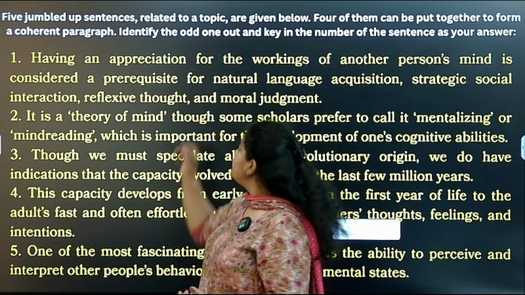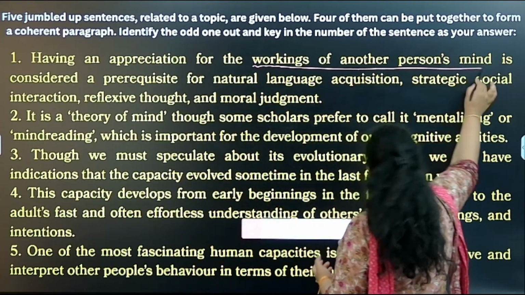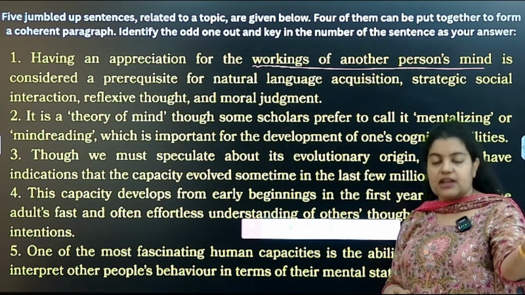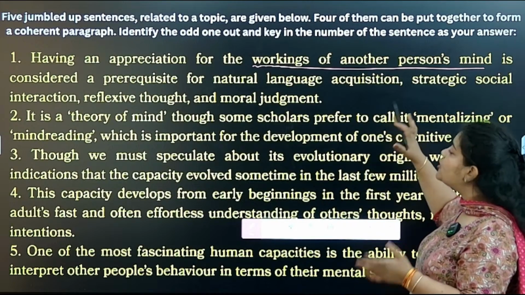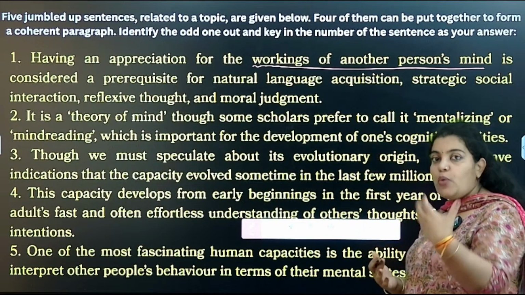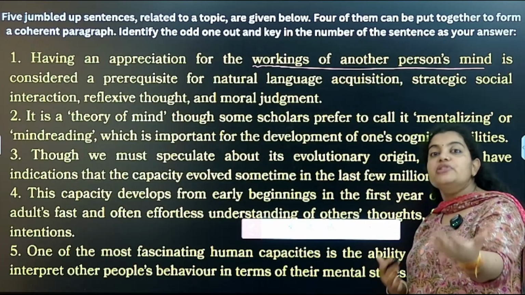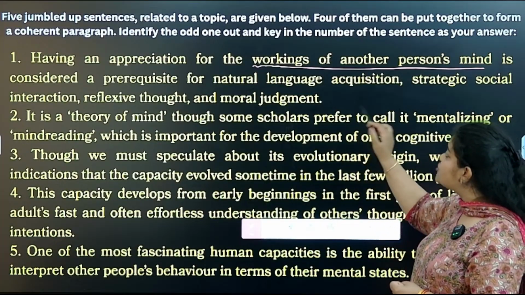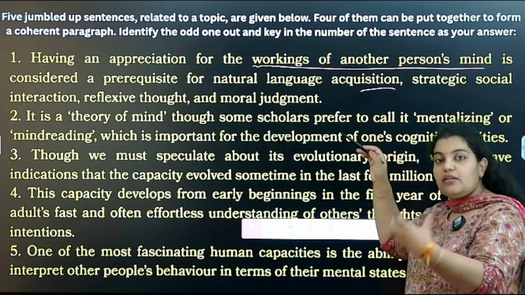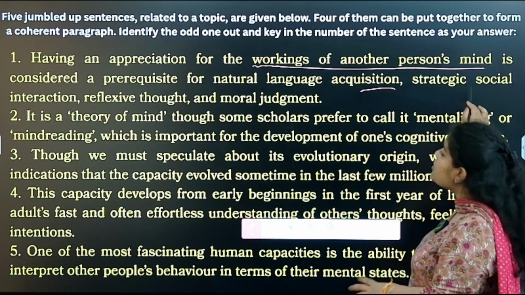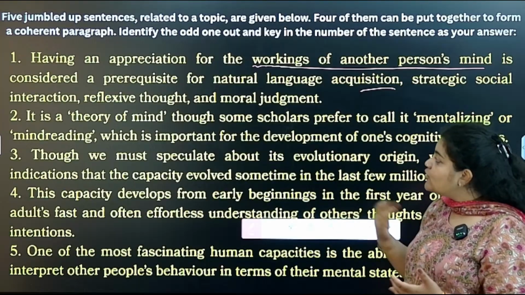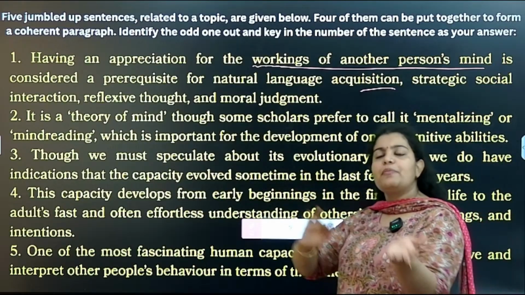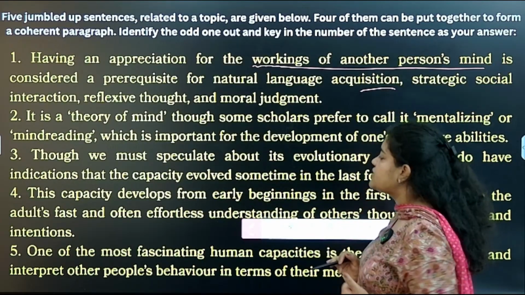In case you are able to appreciate how another person's mind works, it is considered a prerequisite for natural language acquisition. From language use you're going to learn strategic social interaction, and build up reflexive thought and moral judgment. So this is about appreciation for the working of another person's mind.